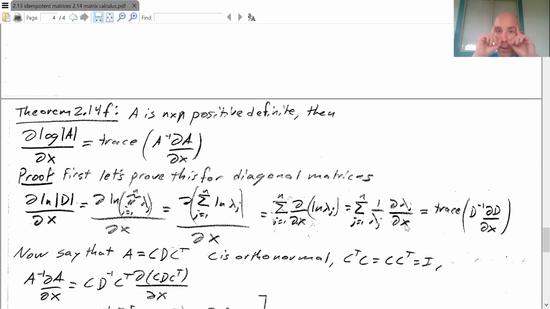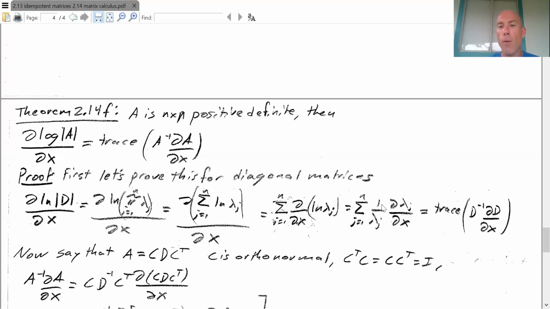Okay, now let's stop for a moment and let's think about this. I have 1 over lambda. Well, doesn't that look a lot like the inverse of the diagonal matrix? Yes, it does. Now, what about here? The derivative of lambda with respect to X. Doesn't that look like the derivative of a diagonal matrix with respect to X? Yes, it does.